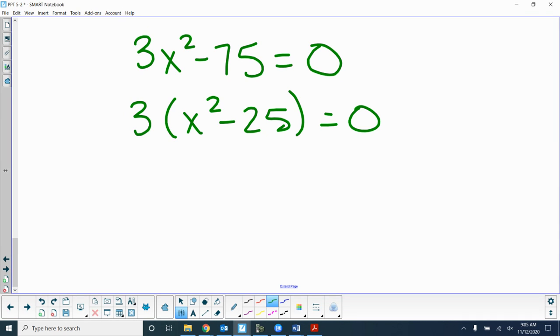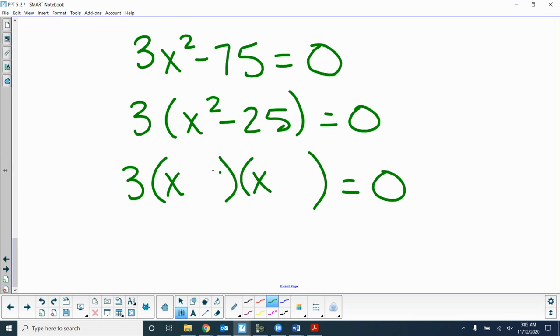Would you break down to x minus 5 and x plus 5? Yep. That's number 2 on our list. The difference of squares. Square root of x squared, square root of 25, plus and minus. What are my answers? 5 and -5. This one is x equals 5. This one is x equals -5.